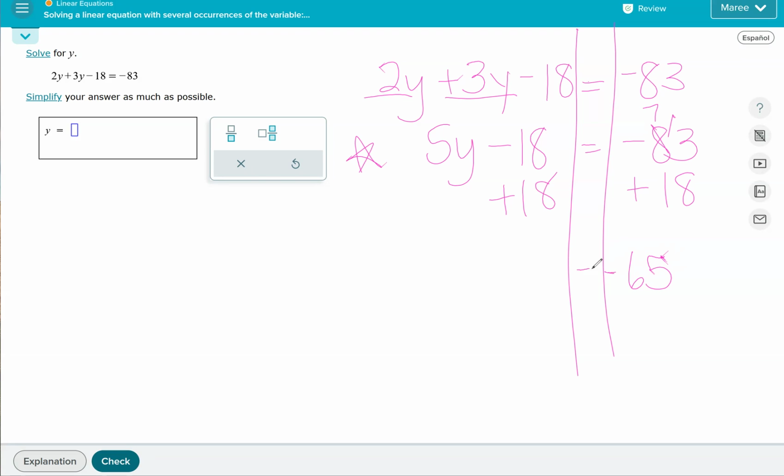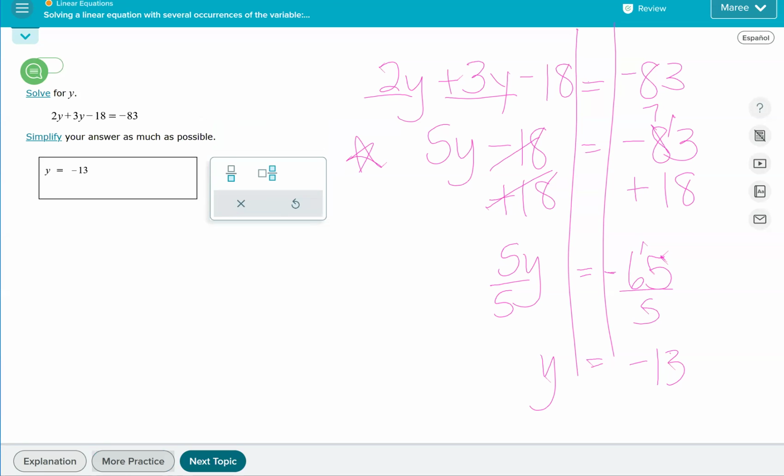So 5y has to equal negative 65. So we're going to divide both sides by 5, and our y will be a negative number, negative 13. So it's going to be negative 13.